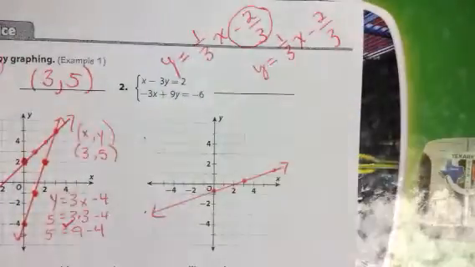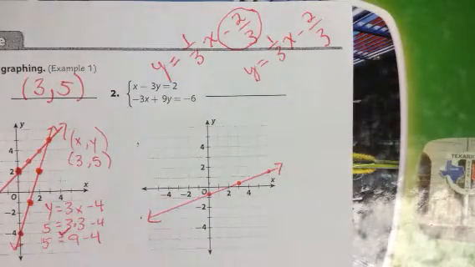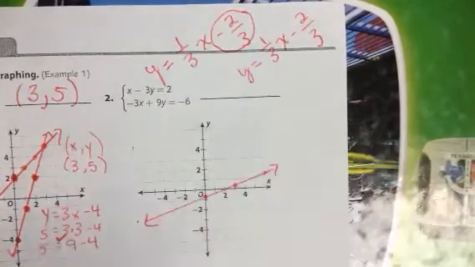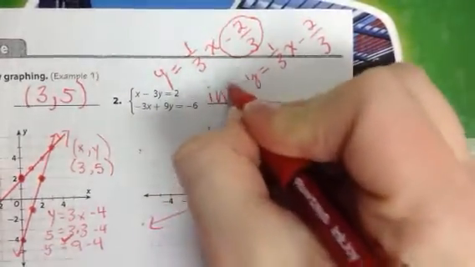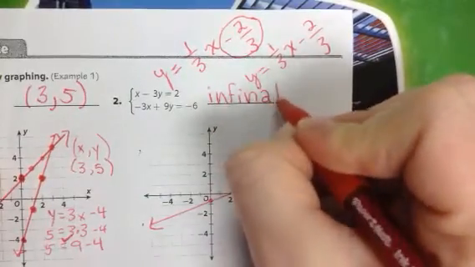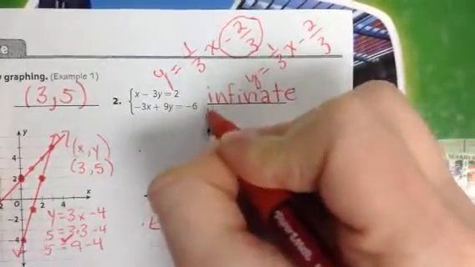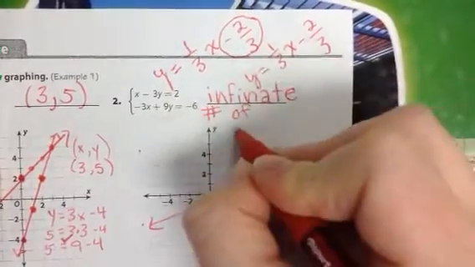So if I have a line on top of a line, think about how many solutions it would have. It wouldn't just have one point. It has an infinite number of points because this line is going on in both directions. So infinite number of solutions.